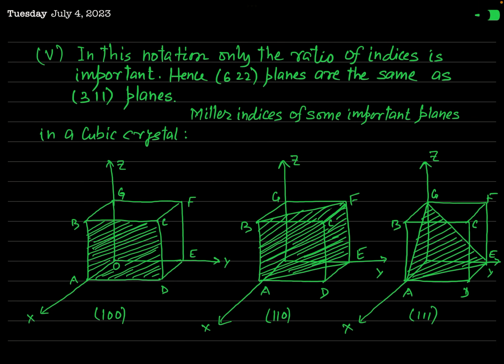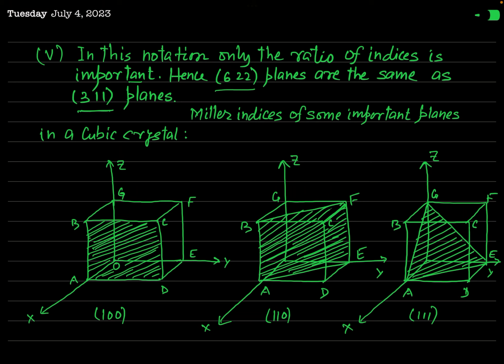So we simply say that in this notation only the ratio of indices is important, not the actual value. So you can say, for example, that 6, 2, 2 planes and 3, 1, 1 planes are the same planes, not different. Because when you take the ratio of 6, 2, 2, you will get 3, 1, 1. So here the ratio is meaningful, not the actual value.